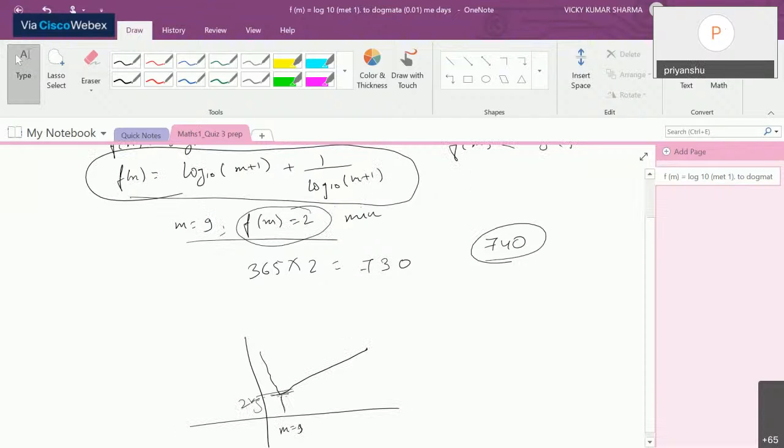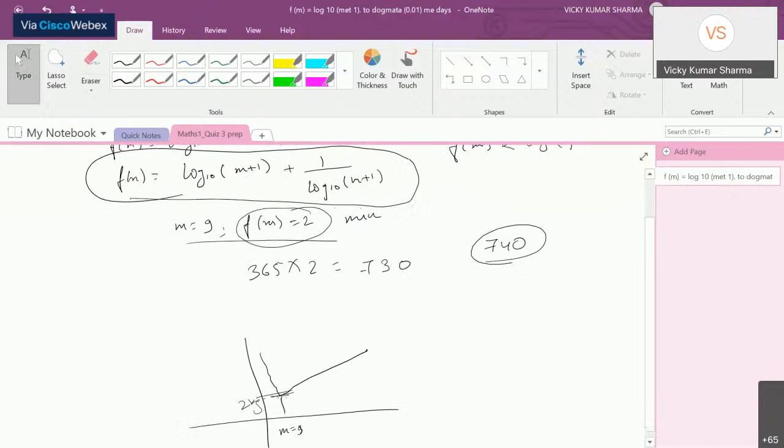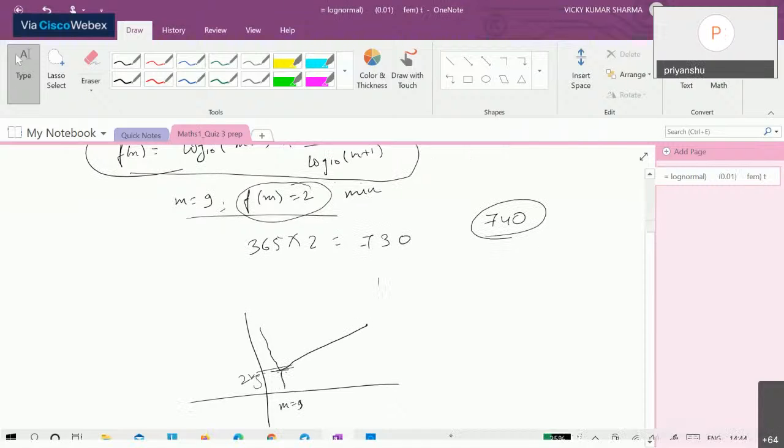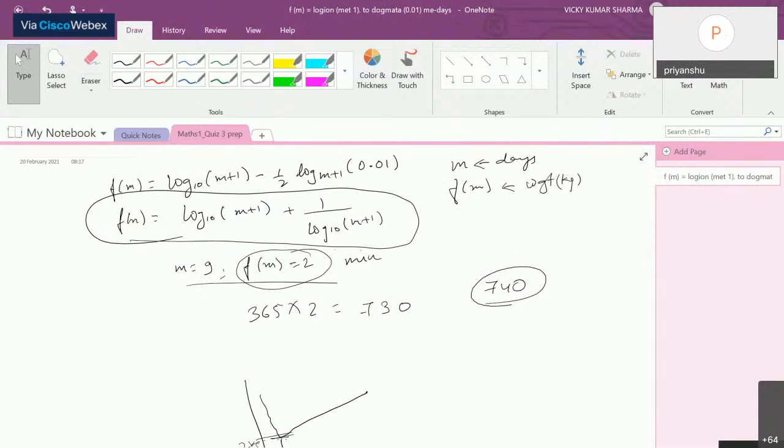Since this is an increasing function, first of all you'll have to understand from where this value is actually increasing and where not. So when I take this function f(m) and plot it, it will be an increasing function.